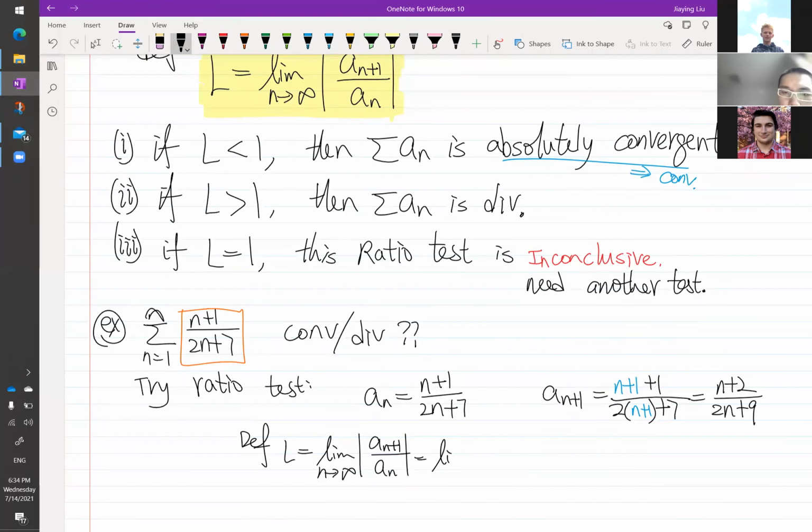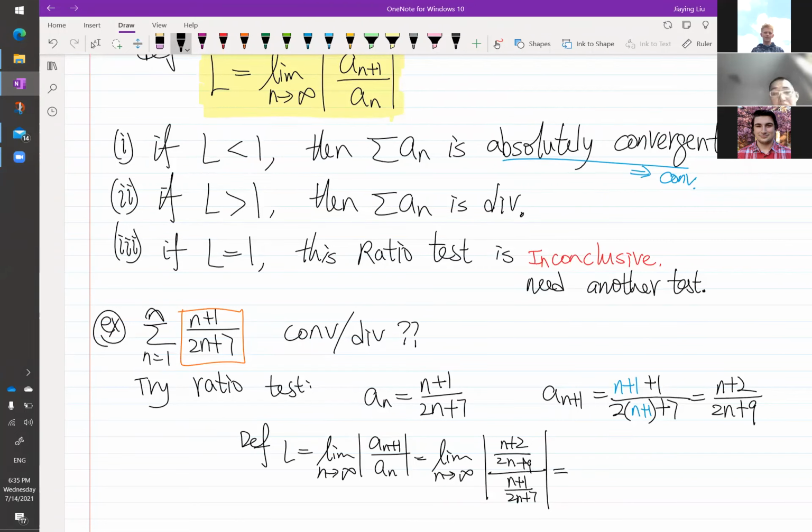So that becomes the limit as n goes to infinity of the absolute value of (n+2)/(2n+9) divided by (n+1)/(2n+7). The fraction is a little bit long, but it's all right.